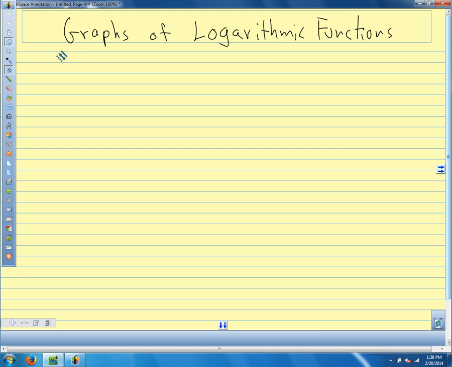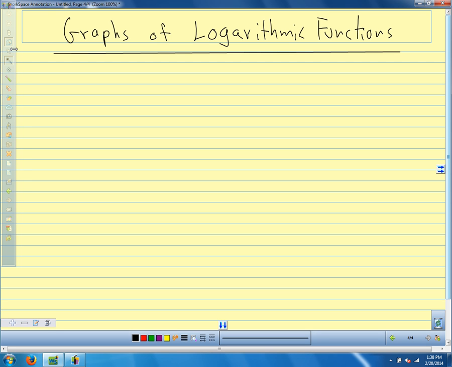Since we know about the graphs of exponential functions, we know most of what we need to know about logarithmic functions already. First off, when we graph inverse functions, how are the graph of the function and the inverse function related? They reflect over the line y equals x.